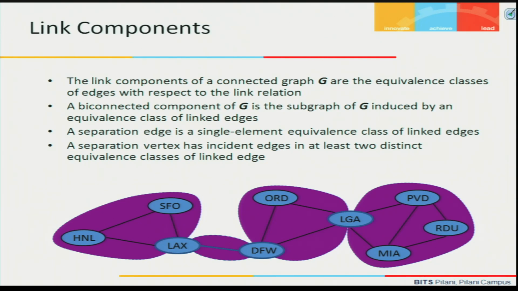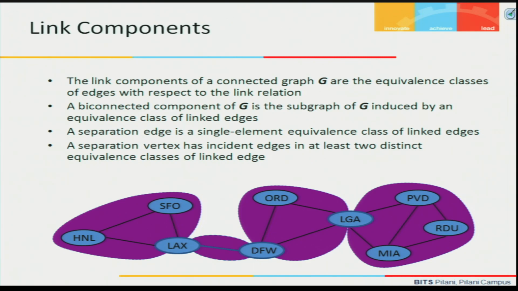So, one can easily prove the following results. We already said the equivalence classes. What one can prove also is that a separation edge is a single element equivalence class of a linked edge.